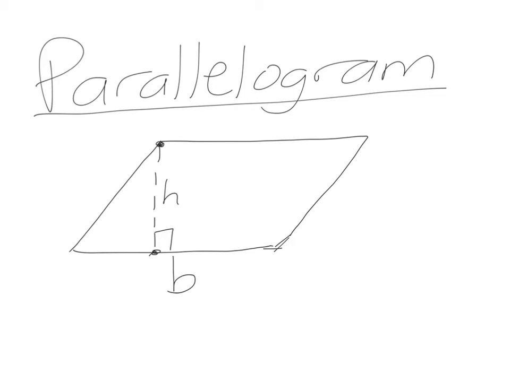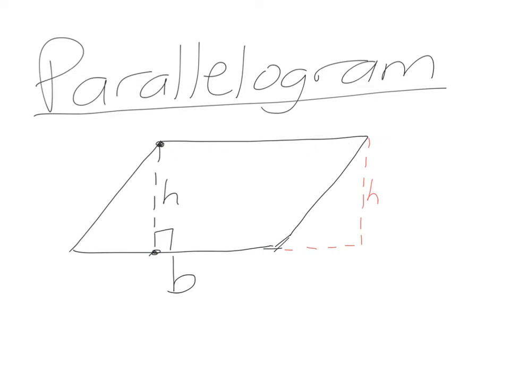But what's interesting is if I was to take this triangle here, cut it off and move it to this side here, so that was the height, then if you look at the shape now, it's this here, which is a rectangle.